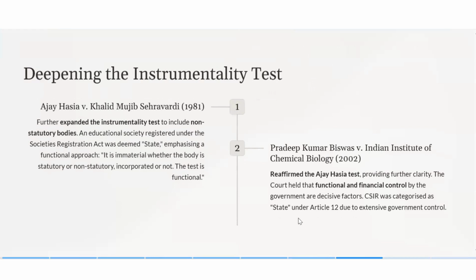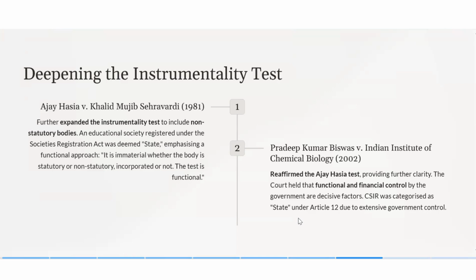Deepening the instrumentality test, there is another case, Ajay Hasia versus Khalid Mujib Sehravardi in 1981, which further expanded the instrumentality test to include non-statutory bodies. An educational society registered under the Societies Registration Act was deemed state, emphasizing a functional approach. It is immaterial whether the body is statutory or non-statutory, incorporated or not.